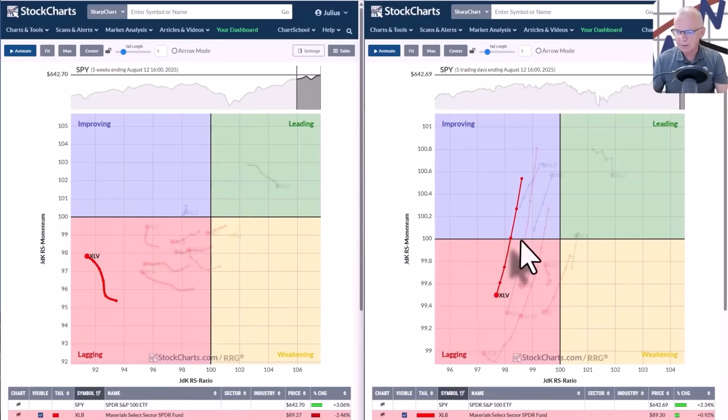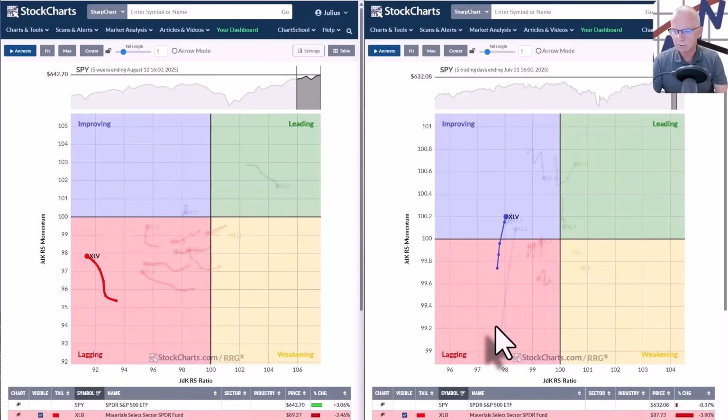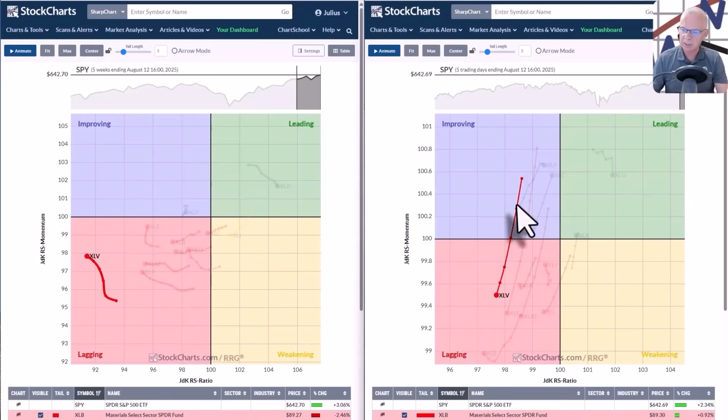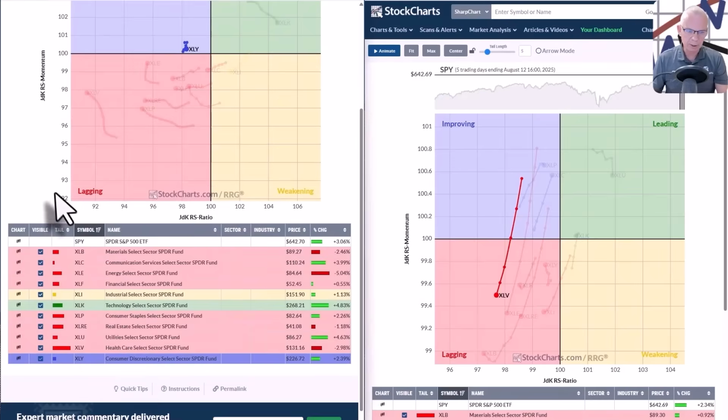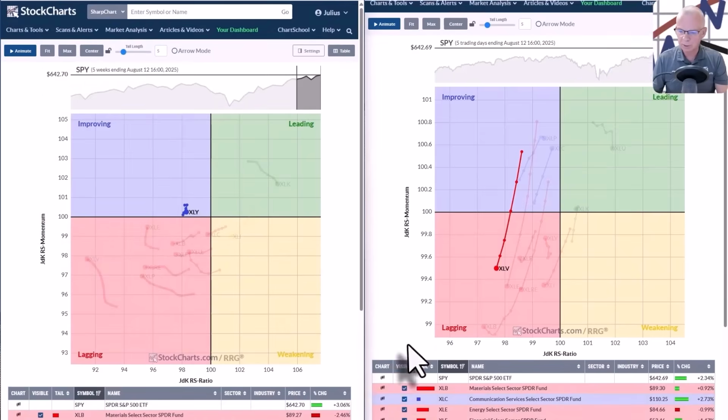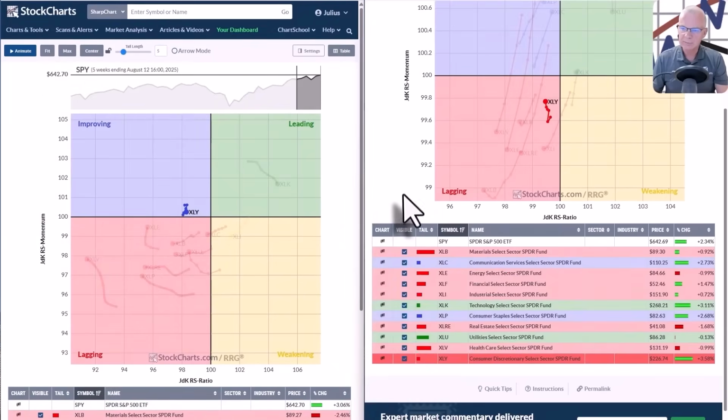And then look at the daily tail, the second lowest reading, and look at that rotation through improving, hooking back down, and that really long tail with the increasing length of the nodes supporting that weakness on the weekly. So healthcare, definitely one of the lower ranked sectors, and you can totally see that here on the RRG as well.